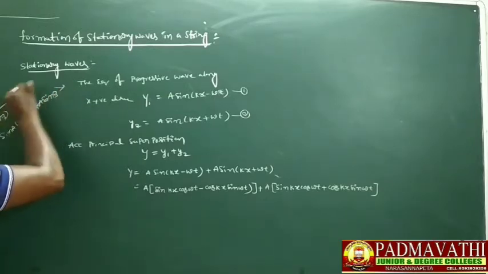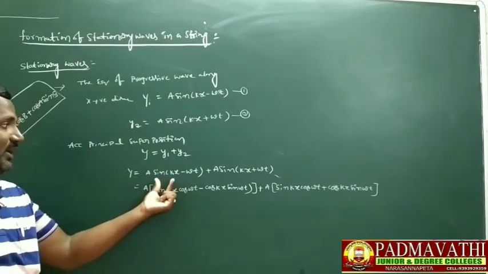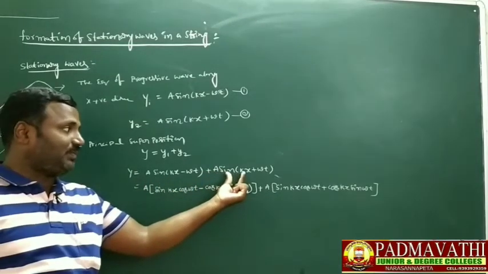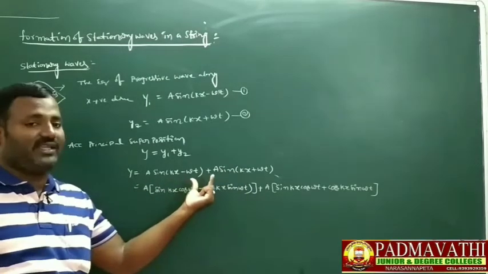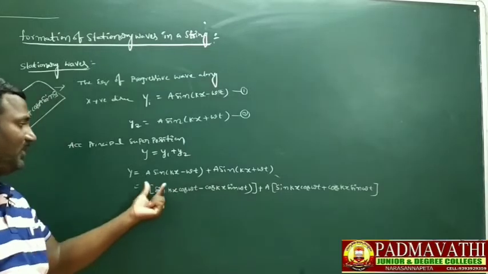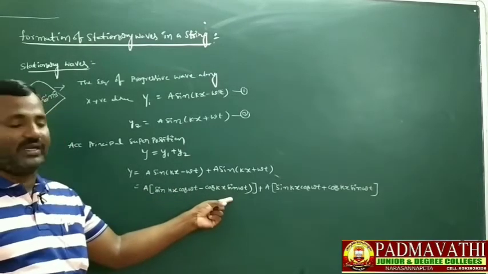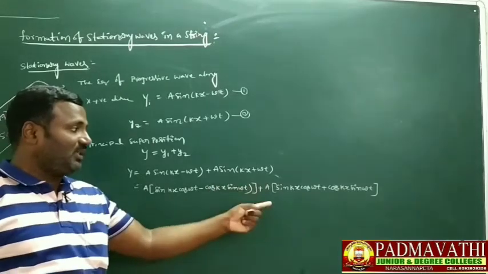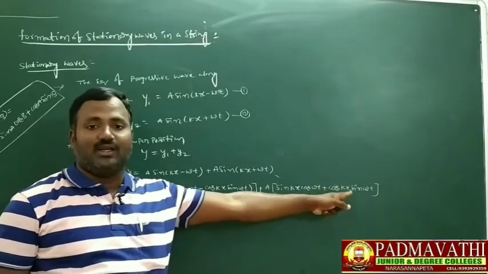So sin(kx minus omega t) opens as sin kx cos omega t minus cos kx sin omega t, and sin(kx plus omega t) opens as sin kx cos omega t plus cos kx sin omega t.